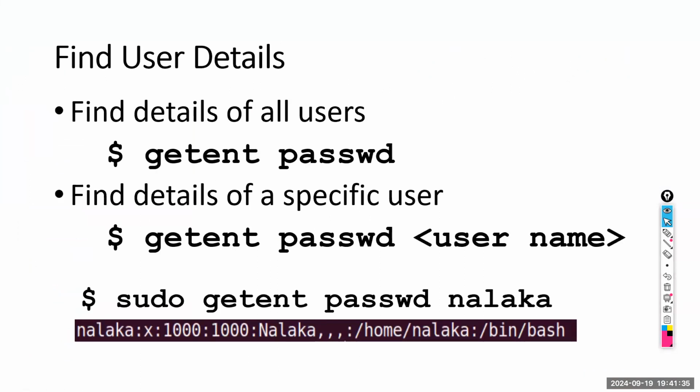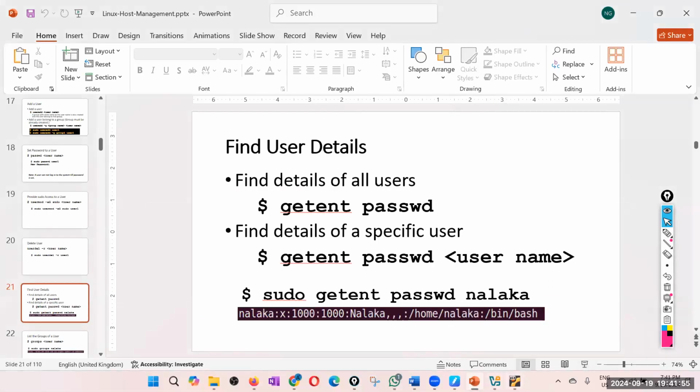Right. So if you want to get details about users, this is the way to go: getent passwd. That will give all the user details, but not the passwords. If you want to see the details of a particular user, use getent passwd and the username. Let's use that also.